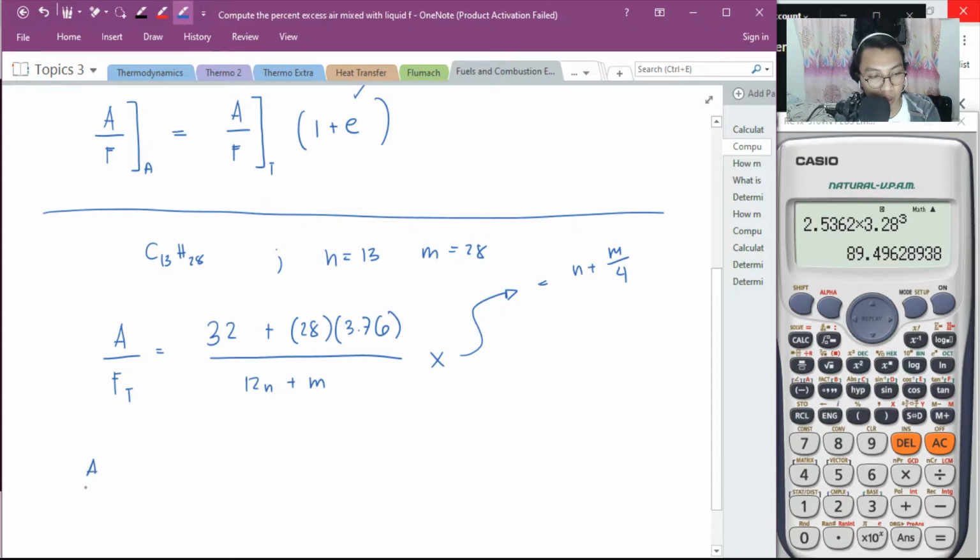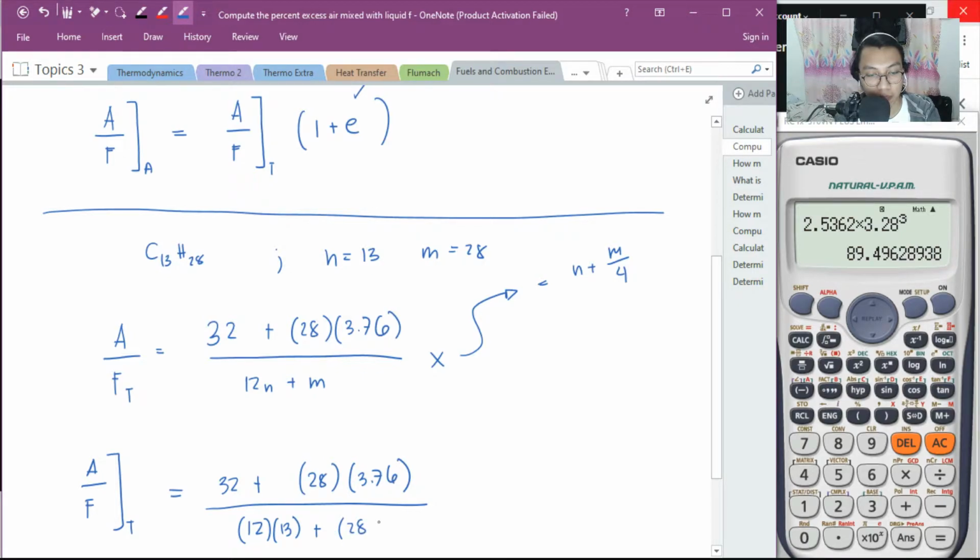The air fuel ratio ng theoretical, that is (32 plus 28 times 3.76) over (12 times N, that is 13, plus M, that is 28), multiplied to 13 plus 28 divided by 4.